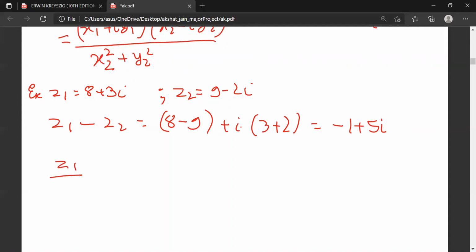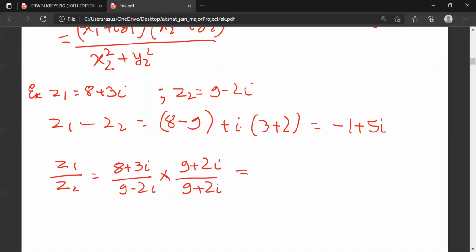Now Z1 by Z2 equals 8 plus 3 iota divided by 9 minus 2 iota. We will multiply it by its conjugate, 9 plus 2 iota divided by 9 plus 2 iota.